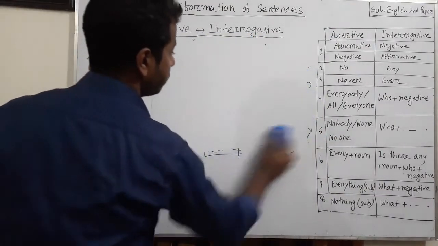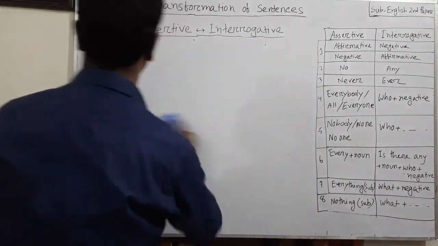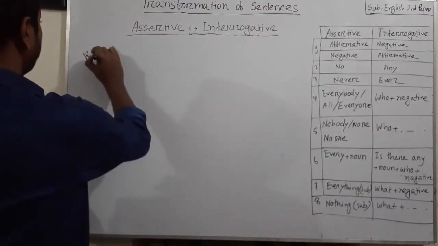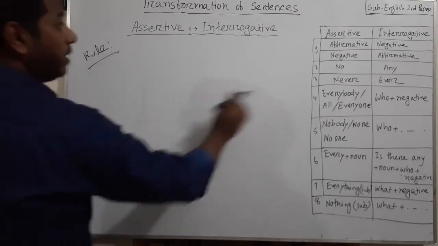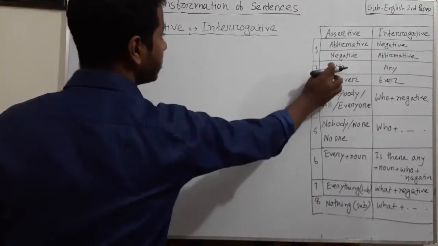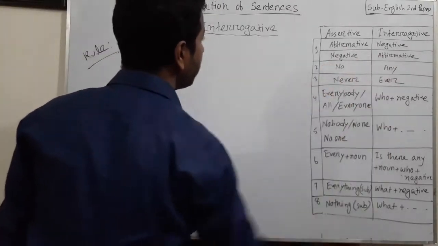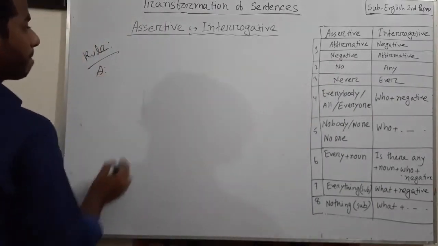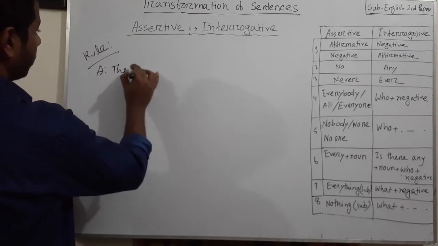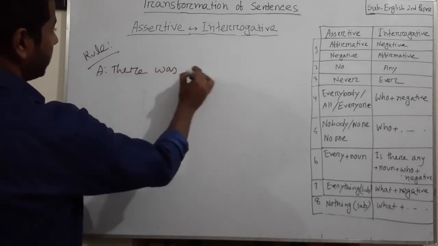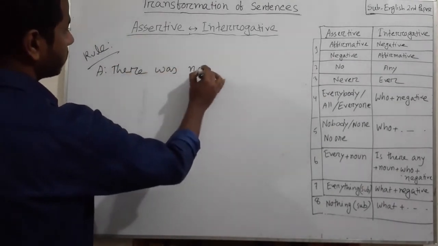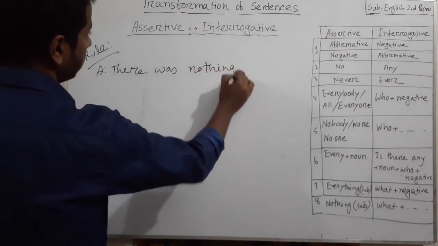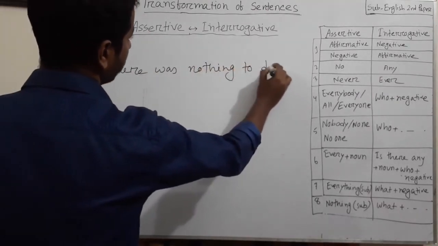Then move to the second one. Okay, the second rule. If in an assertive sentence there is no, in the interrogative sentence there will be any instead of no. For example, there was nothing to do.